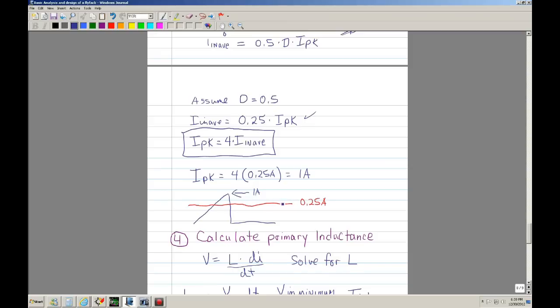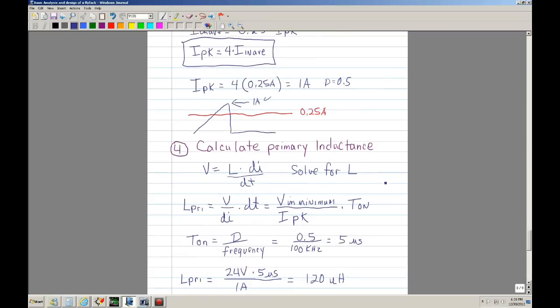So if we have an average current of a quarter of an amp, and D is 0.5, the I peak will be 1 amp.